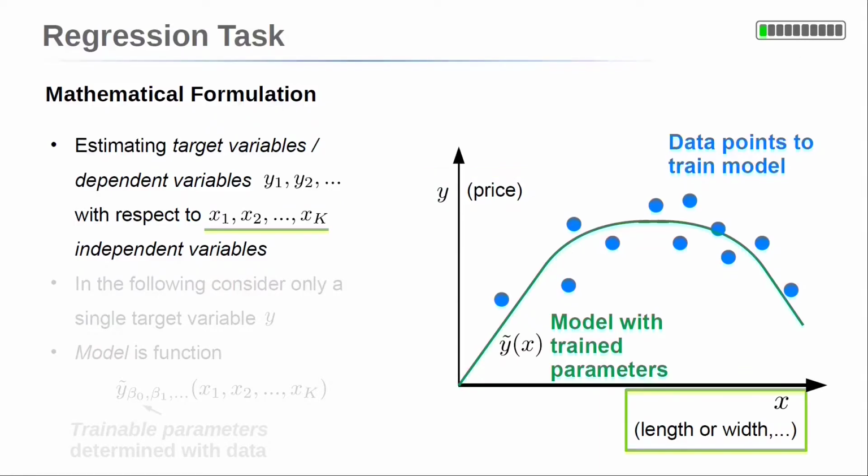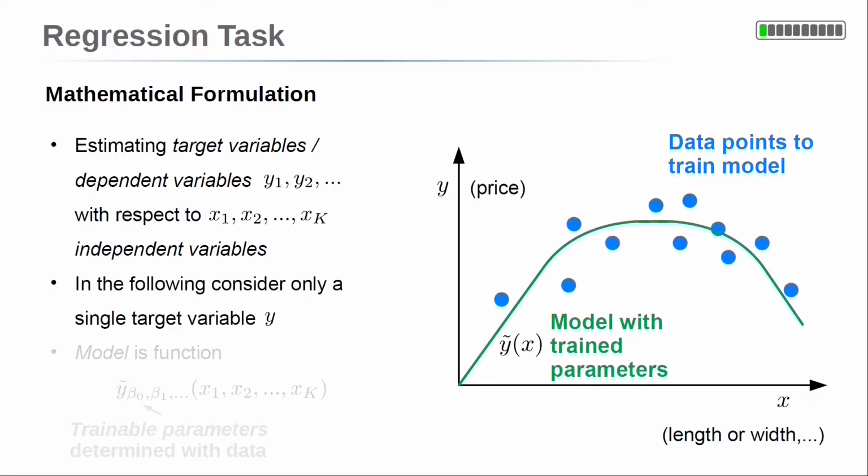Considering our real estate price estimation, the features are, for example, the length and width of a house. The features are also called independent variables to point out that they are not used as dependent target variable. These independent variables or features are represented by the variables x1, x2, and so on up to K.